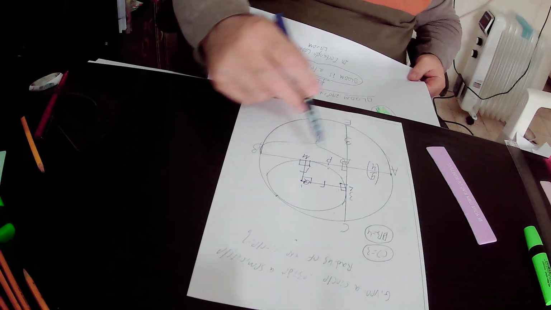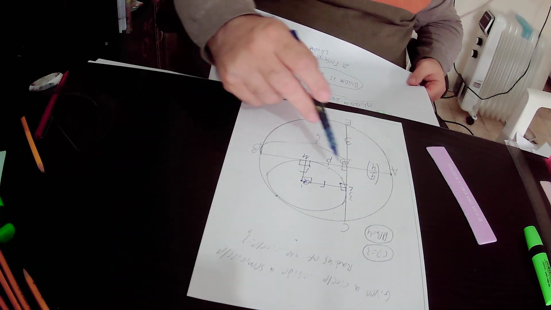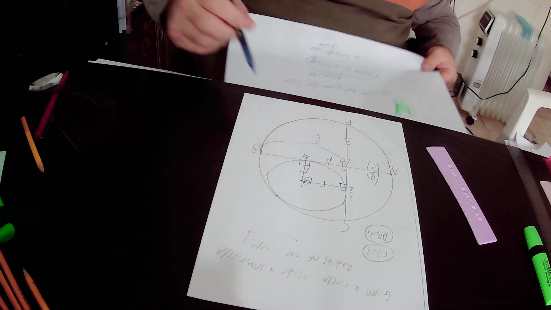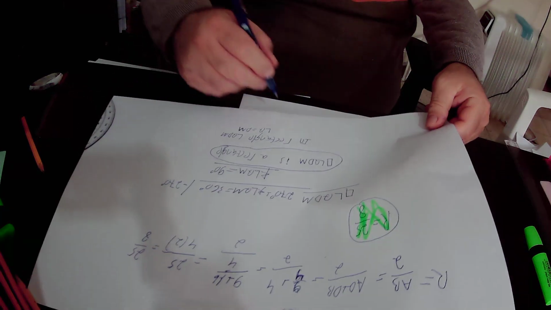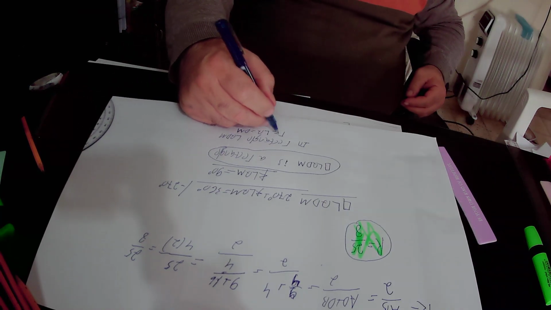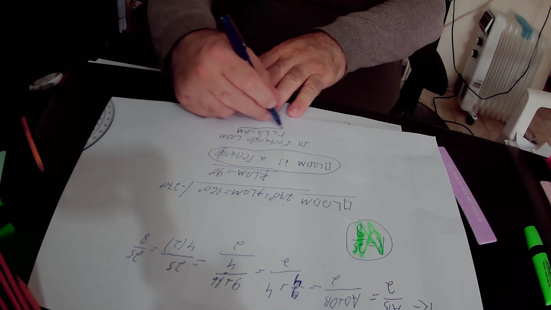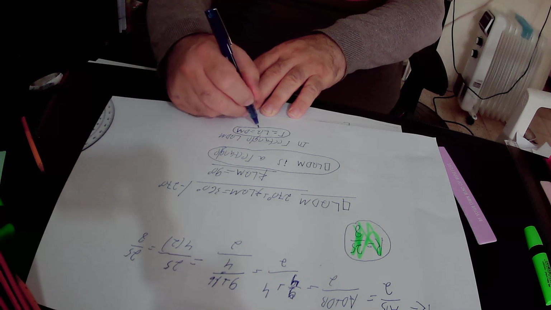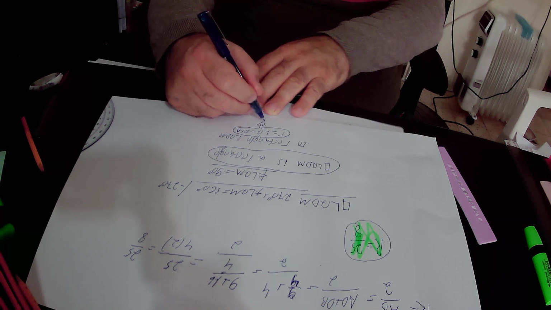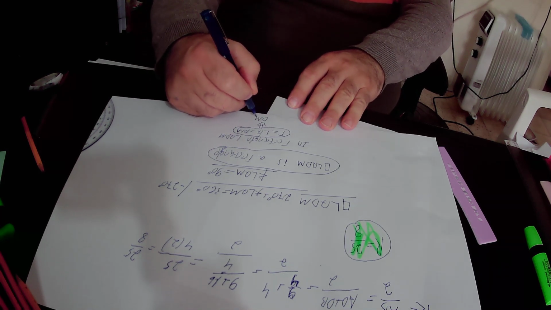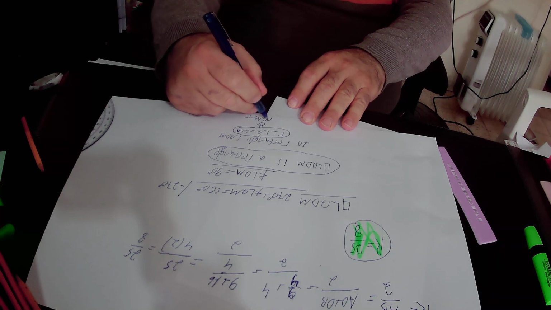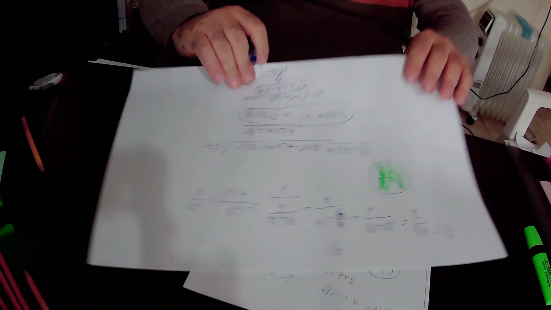But we know that LQ is the radius of the small circle. We can write here that LQ equals small r. And from this equation, r equals LQ equals DM, we will derive that DM also equals r, small r, that is the radius of the small circle.